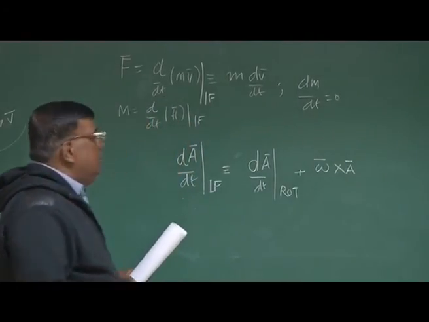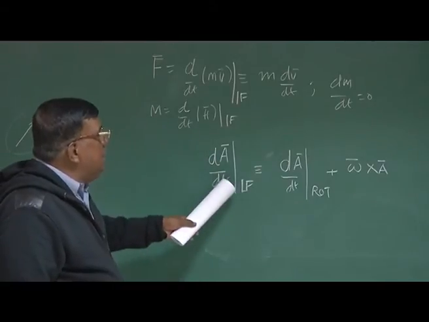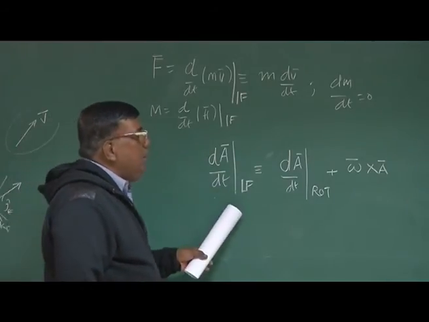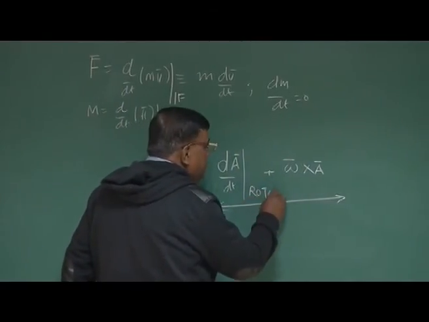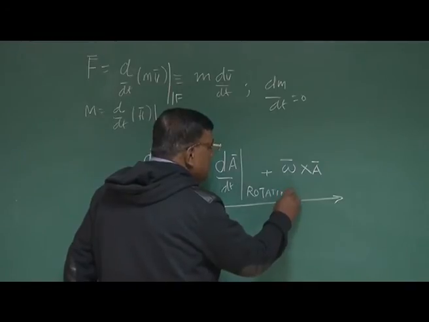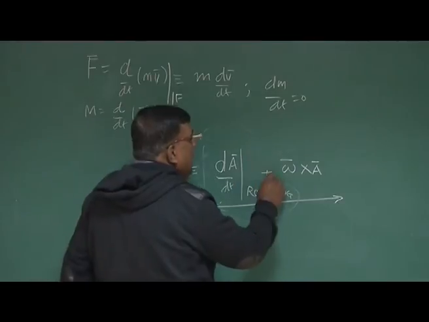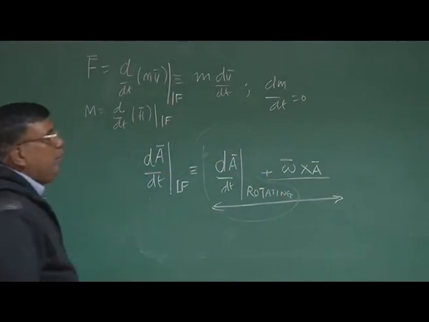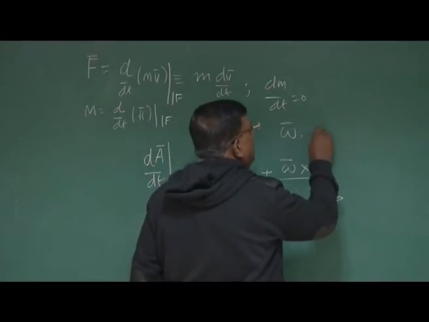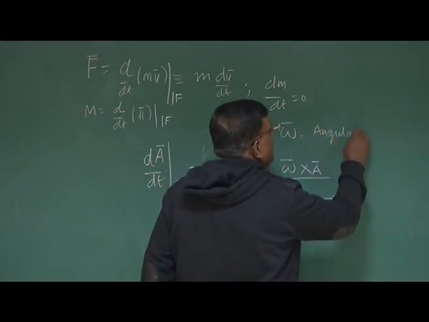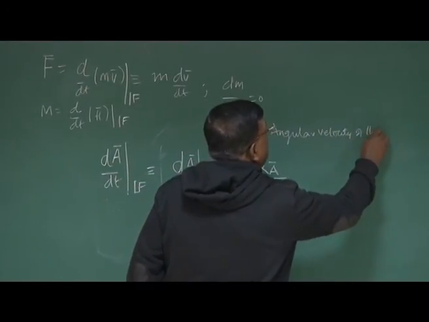I repeat here. So what is the message here? The dA by dt in inertial frame can equivalently be operated on in a rotating frame if I get dA by dt in rotating frame and add this omega cross A. Omega is the angular velocity of the frame.